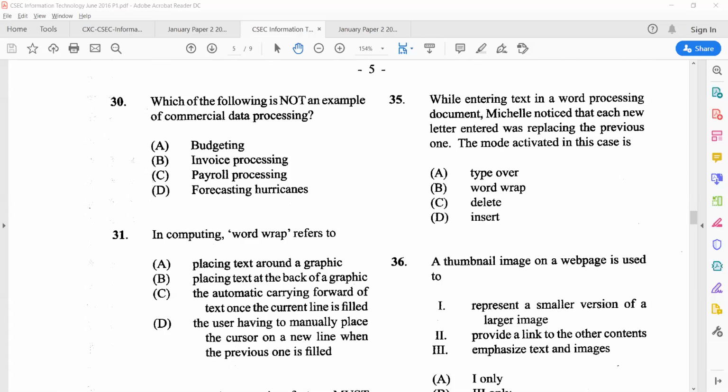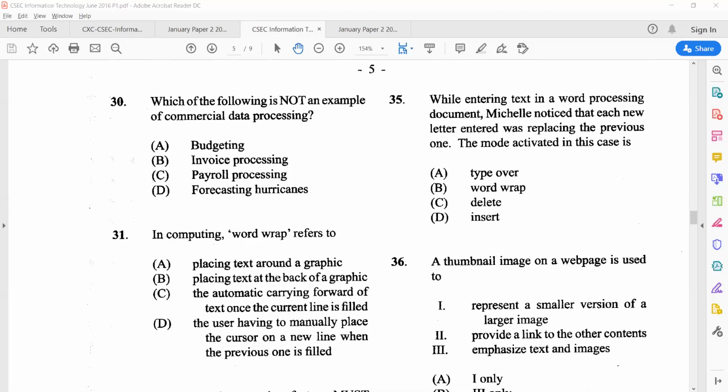All right, any answers for 35? All right, so the answer for 35 is type over.